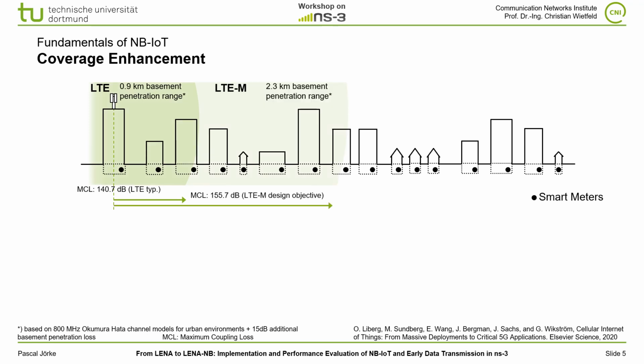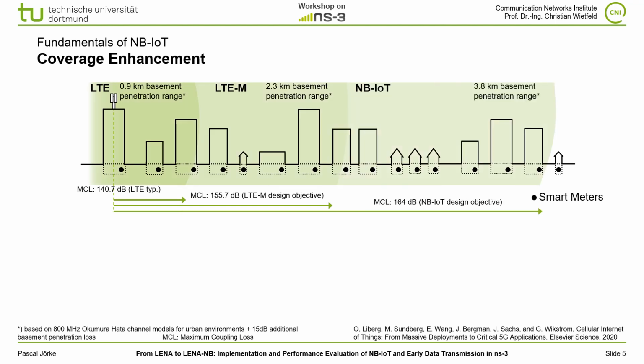With LTE-M, a design objective of 156 decibels of maximum coupling loss has been defined, extending the basement penetration range to up to 2.3 kilometers. NB-IoT extends the maximum coupling loss finally to 164 decibels and enables a basement penetration range of 3.8 kilometers, which is more than 4 times the range of LTE.